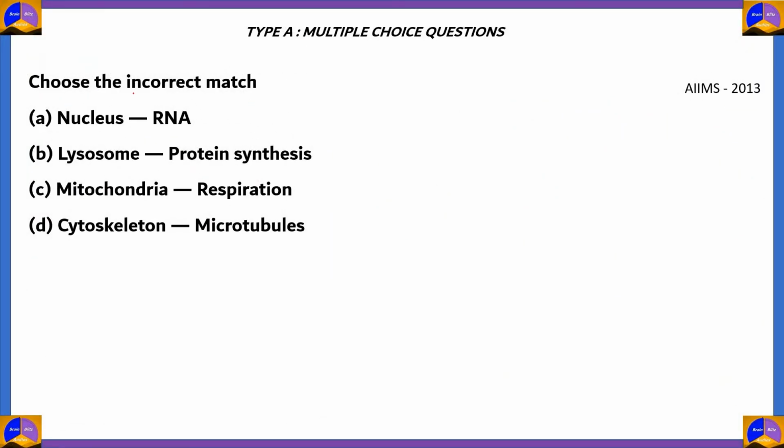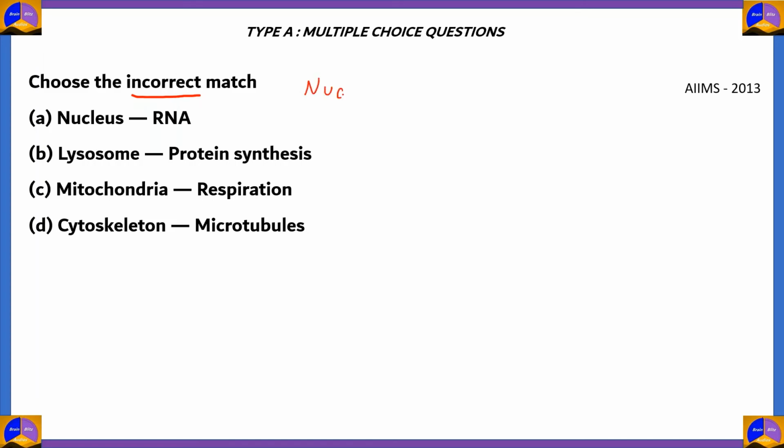Next question. Choose the incorrect match. Nucleus, RNA; lysosome, protein synthesis; mitochondria, respiration; cytoskeleton, microtubules. Now, let's look at each of our options. Nucleus, RNA.